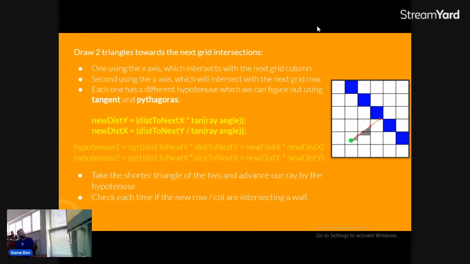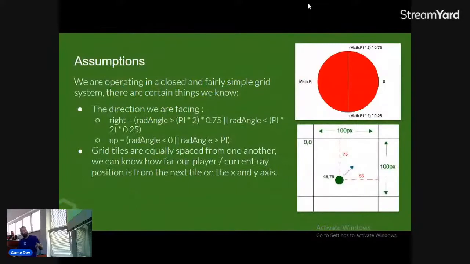So the first way is that we only have to calculate how to get to the next grid intersection, right? So in the previous example, we know that we might either want to intersect with the next grid vertical line or the next grid horizontal line. And for each one of those, we have one piece of data. We have either the width or the height of the triangle.